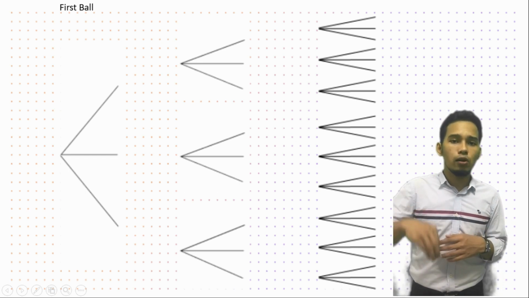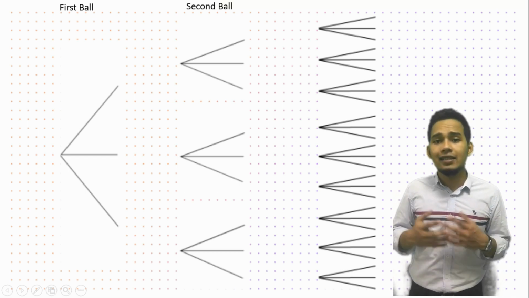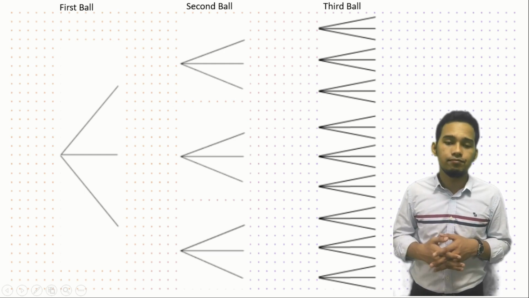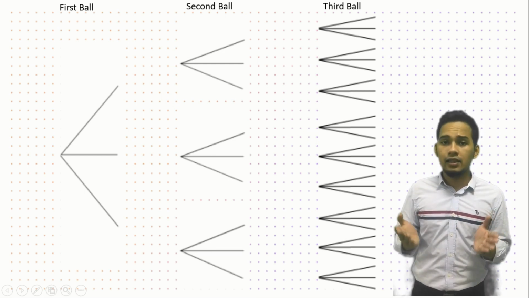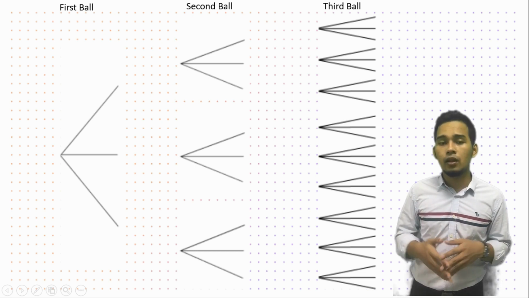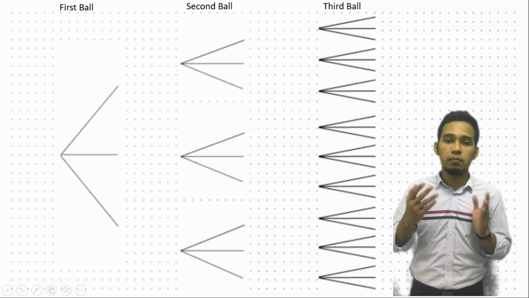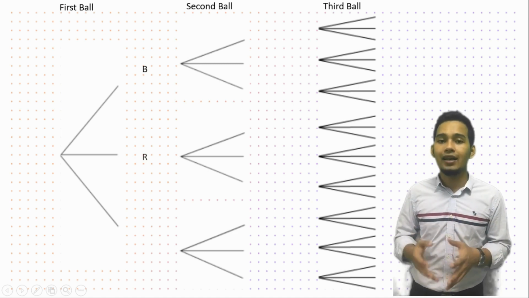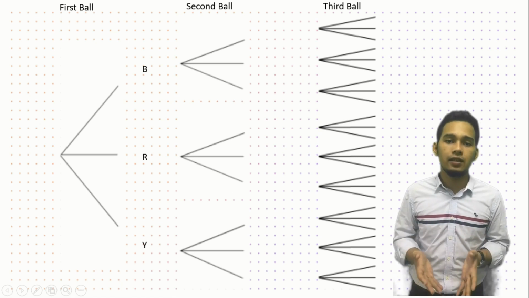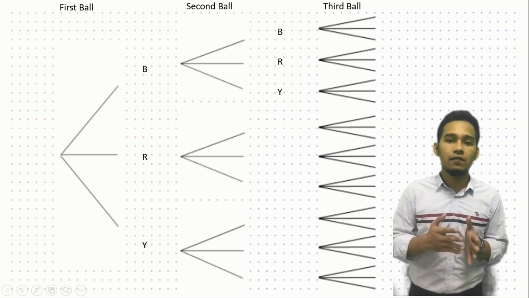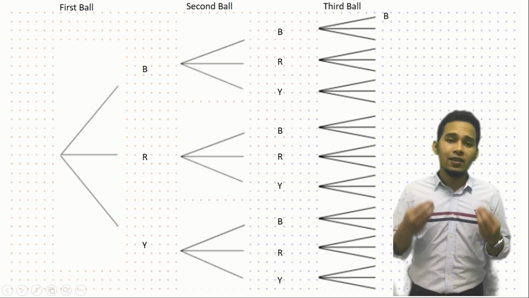You will pick the second ball at the second level and lastly pick the third ball at the third level. Since each box contains a blue, red and yellow ball, we write B for blue, R for red and Y for yellow at the first level. It is also the same when we write the second level and third level.